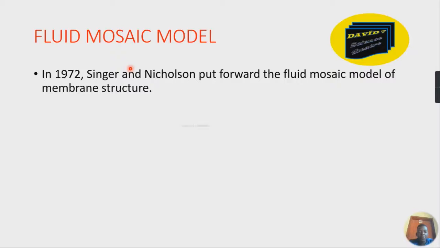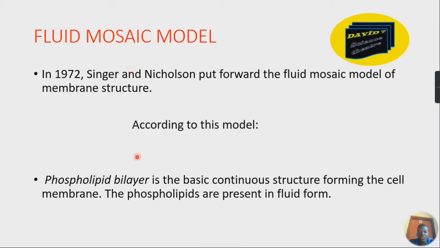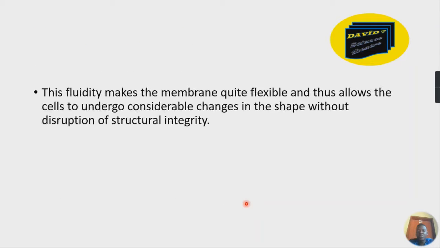All right, and according to this model, there is a phospholipid bilayer, which is the basic continuous structure forming the cell membrane. The phospholipids are present in fluid form. Okay, they are in fluid form.